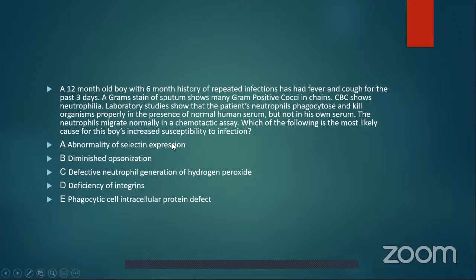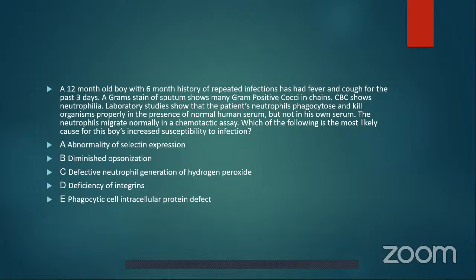Selectin expression. We are talking here about phagocytosis. So selectin is for rolling. We rule that out. Next is diminished opsonization. What will happen in diminished opsonization? So basically, he is having recurrent infections.